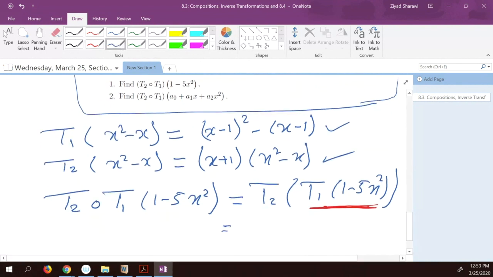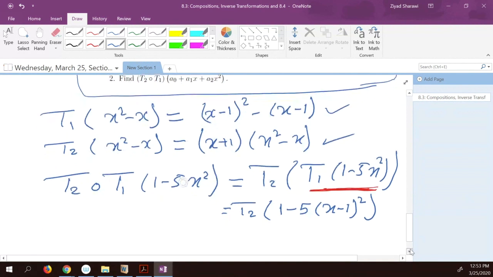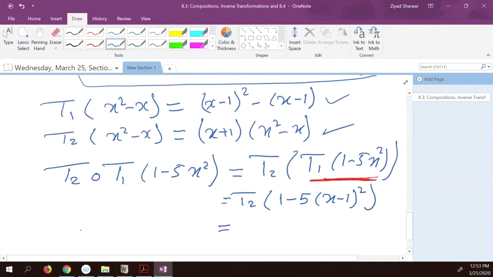You get T2 of T1 of 1 minus 5x squared. What is that? That's 1 minus 5x minus 1 squared. And now you substitute this in T2. So what do you get? You get x plus 1 multiplied by 1 minus 5x minus 1 squared.